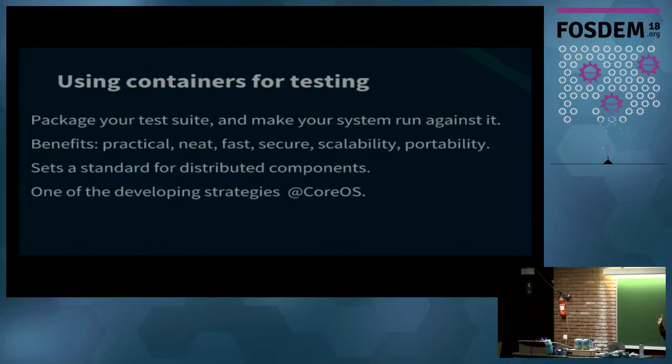So the goal of this testing strategy is to package all the tests in a container and just run our systems against it. That is super effective and super easy. Of course, easier said than done, so we're still working on that.